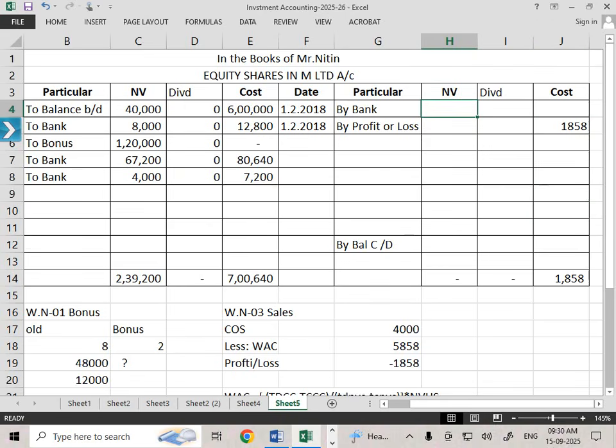Now here write nominal value. What is the nominal value of units sold? 200 multiplied by 10, 2000. Dividend 0. And cost is what? 4,000. They have given that cost, 4,000.